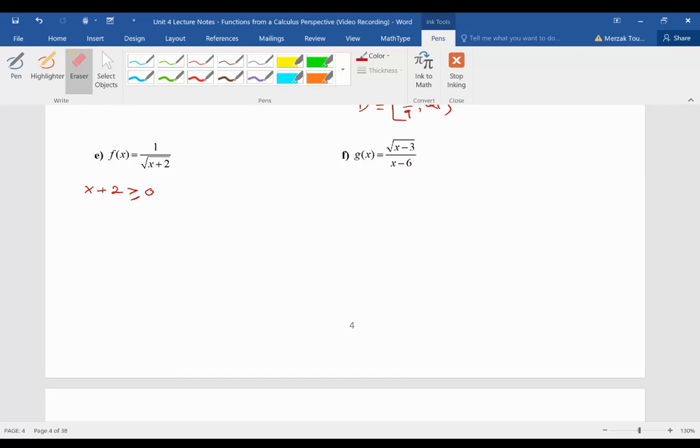Therefore, even though the square root of 0 is defined, we still cannot include that, because the square root of 0 is 0 and 1 over 0 is undefined. So I need to only make sure that x plus 2 is positive.